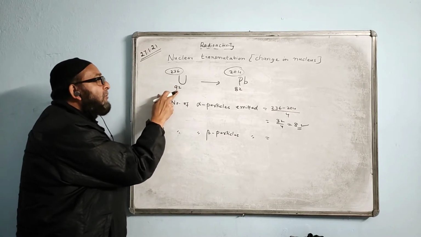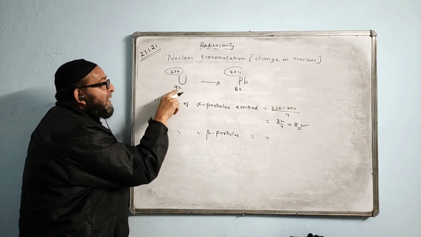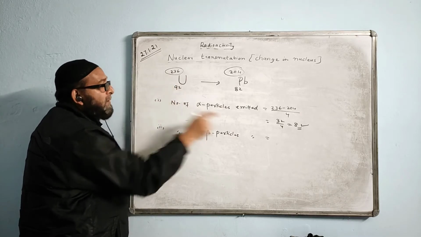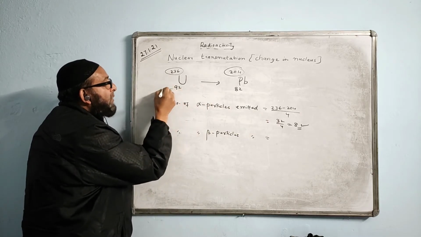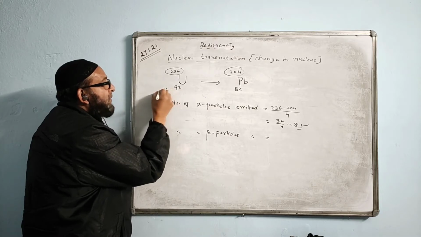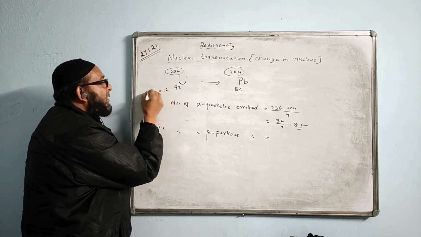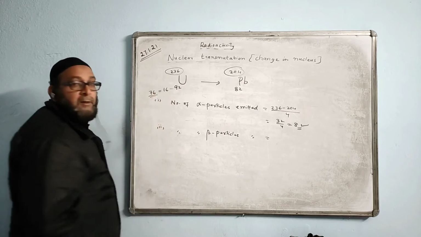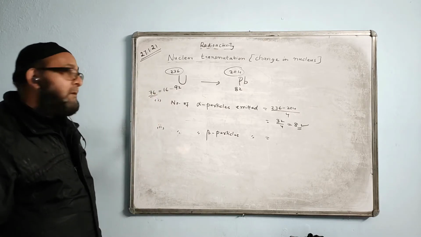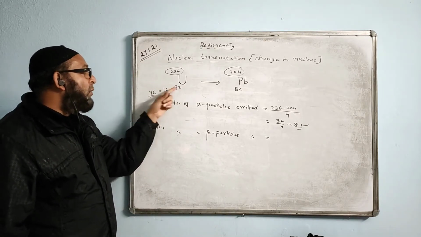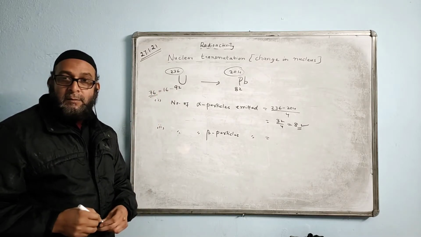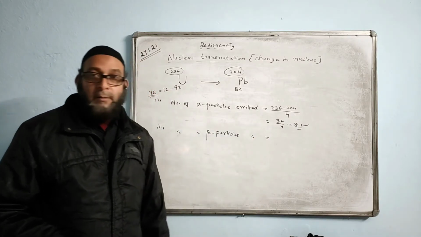What will be its new value? Can we find a new value? One alpha particle decreases this by 2. Then 8 alpha particles will decrease this value by how much? 2 eights are 16. 92 minus 16, the new answer is supposed to be 76. The value is going to change, now it's going to become 76, because of these 8 alpha particles, remember.